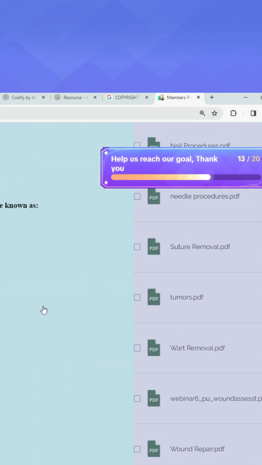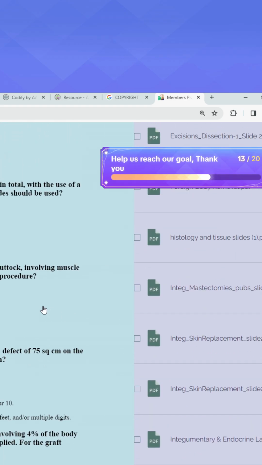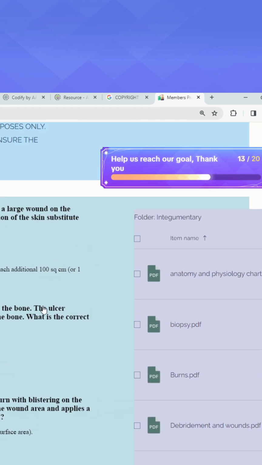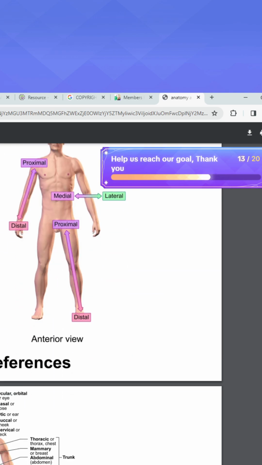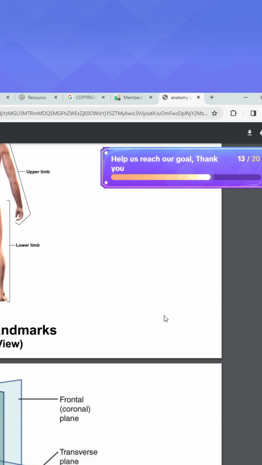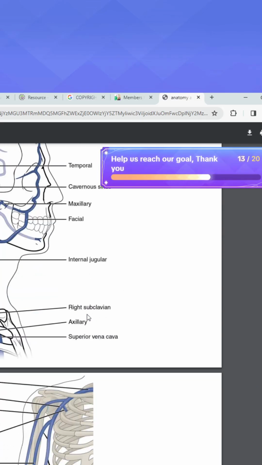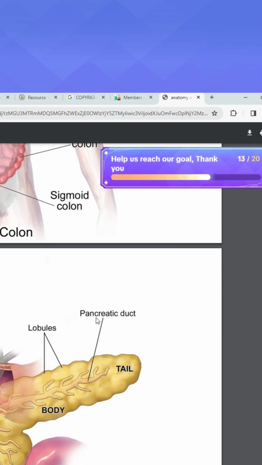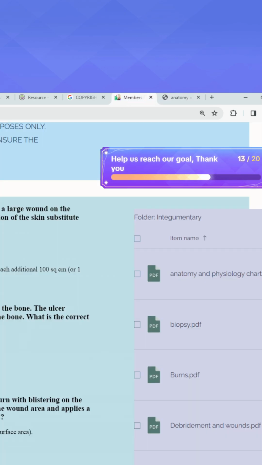Let's see, like I have, oh yeah, the foreign bodies, excisions, anatomy and physiology charts that you could download. And those are really cool PDFs that you guys can download that are super helpful if you do become a member of the website. But you don't have to. You don't have to. There's plenty of stuff on there for free for you guys. Super helpful.